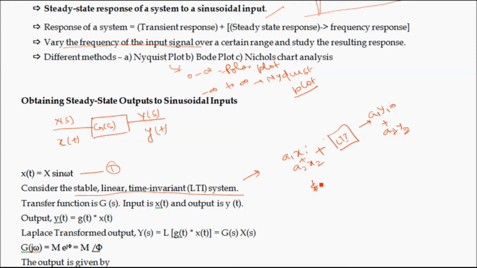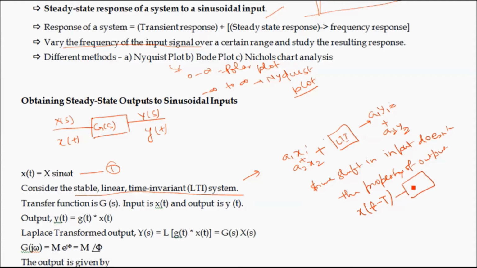That is, if the output is y(t) corresponding to input x(t), then if we shift the input by an amount of time T, that is, instead of input x(t), we apply the input x(t minus T) to the LTI system G(s), then we get output equal to y(t minus T).